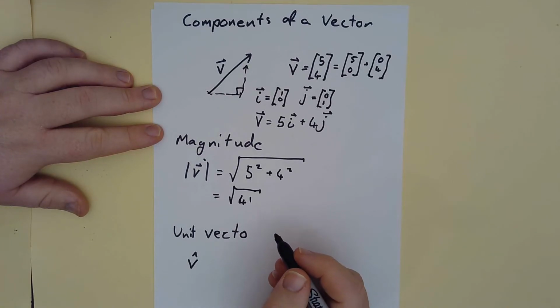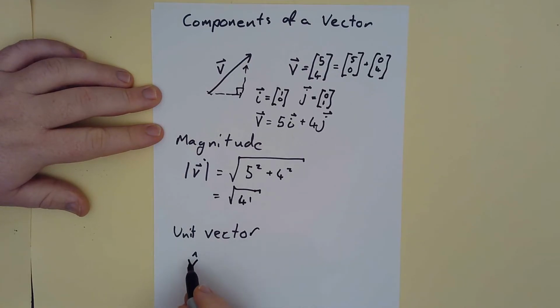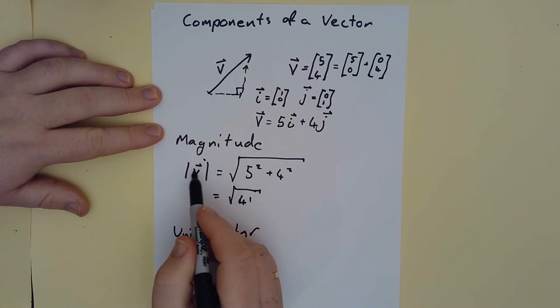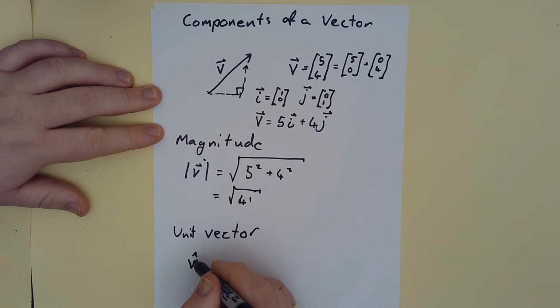And the final thing I'm going to talk about is a unit vector. A unit vector we draw with a little hat above it, like with the lines on here to tell you the magnitude, like with complex numbers. So we say v hat, that's the unit vector in the direction of v.